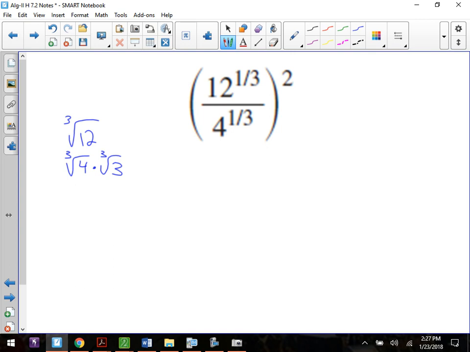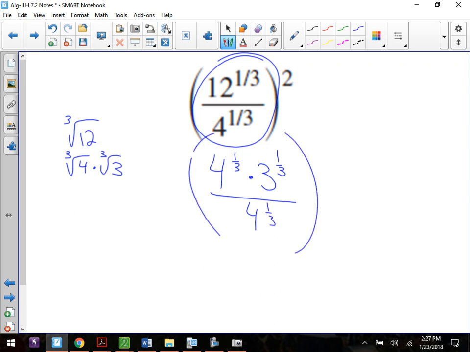So in an example like this, when I see that, that means I have the cube root of 12 divided by the cube root of 4. Which means you can break this apart: you have 4 to the 3rd times 3 to the 3rd over 4 to the 3rd squared.